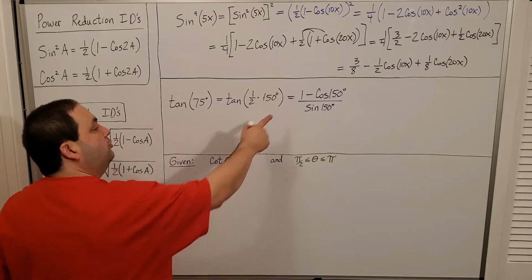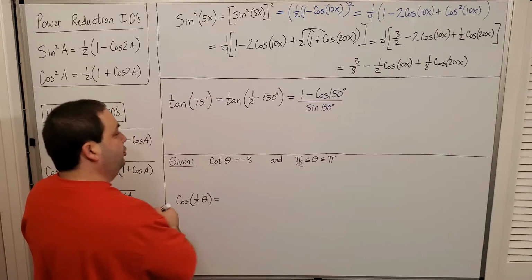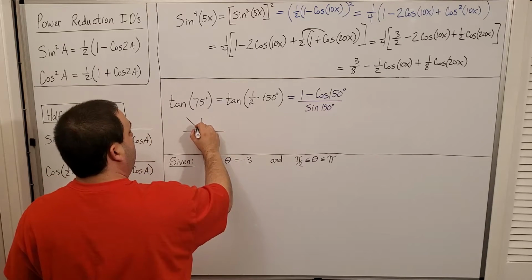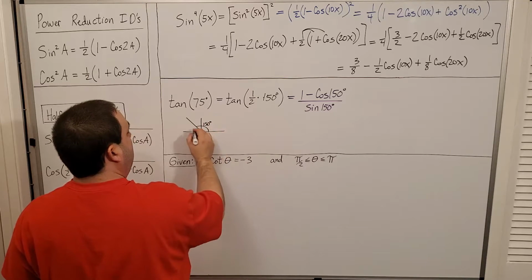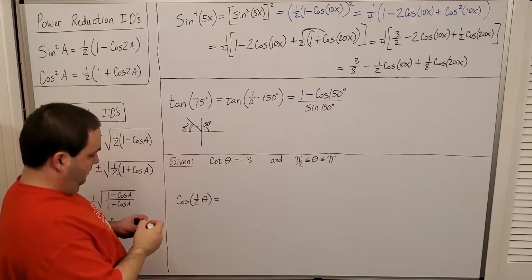Okay, and don't forget 150 degrees is the angle in quadrant 2, right? That has a reference angle over here of 30 degrees.